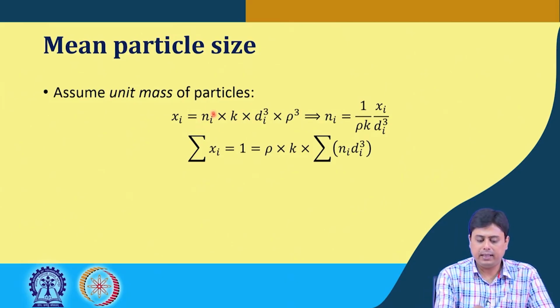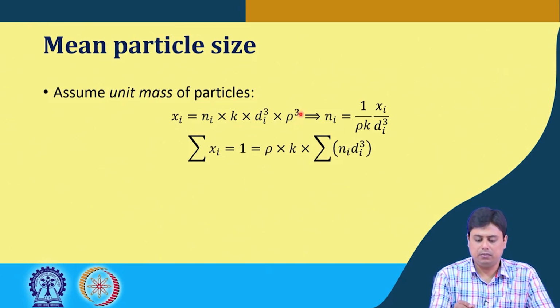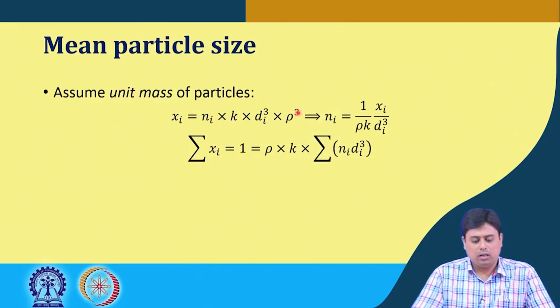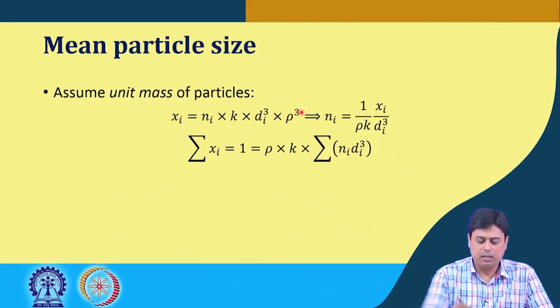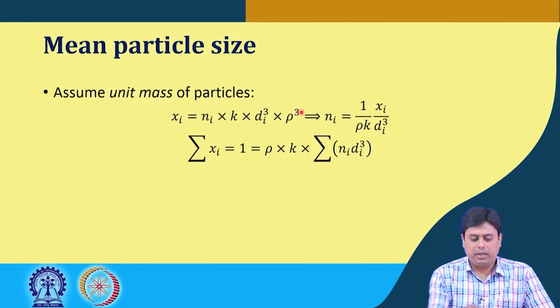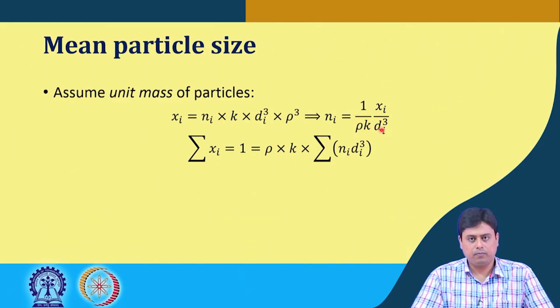So, the number of particles, the volume and its density. It is not the cube, that is my mistake here. So, here we can write Ni is nothing but 1 by rho k and xi by d cube.